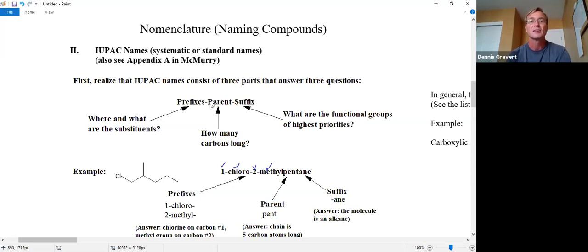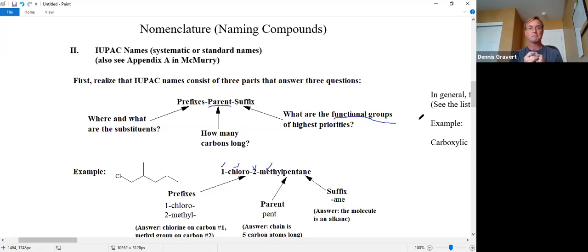To the parent. So in the IUPAC system, what you're going to first do when you assign a name is look at the whole molecule and try to decide where is the longest sequence of carbons. We'll talk more about that in a minute. And it also has to possess the most important functional group. Okay, so the parent chain is the longest chain with the most important functional group.